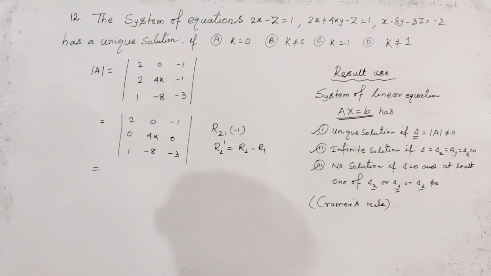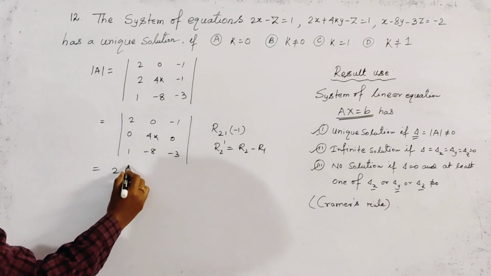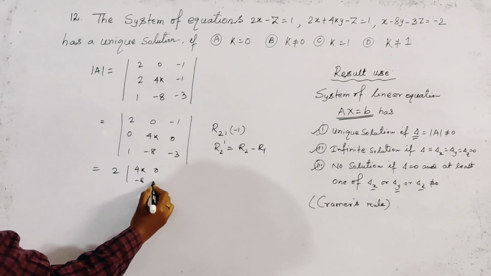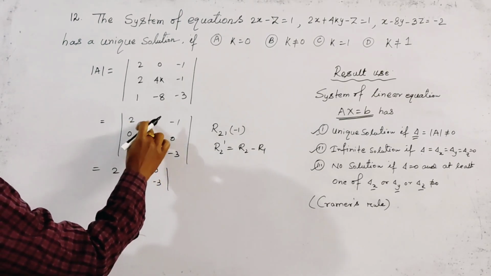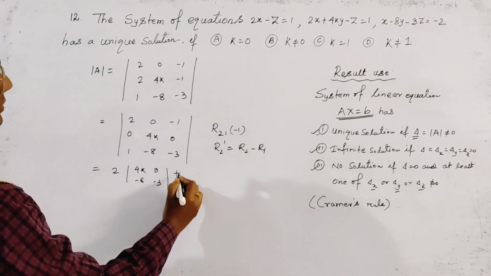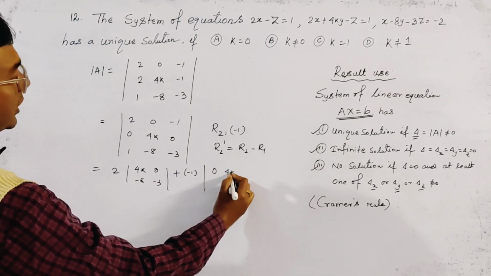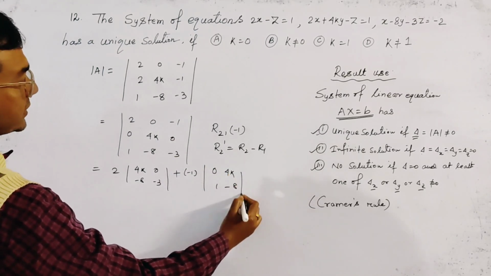Now we expand this determinant. We get 2 into determinant 4k, 0, minus 8, minus 3, then minus, this is again plus, so this is minus 1 into determinant 0, 4k, 1, minus 8.